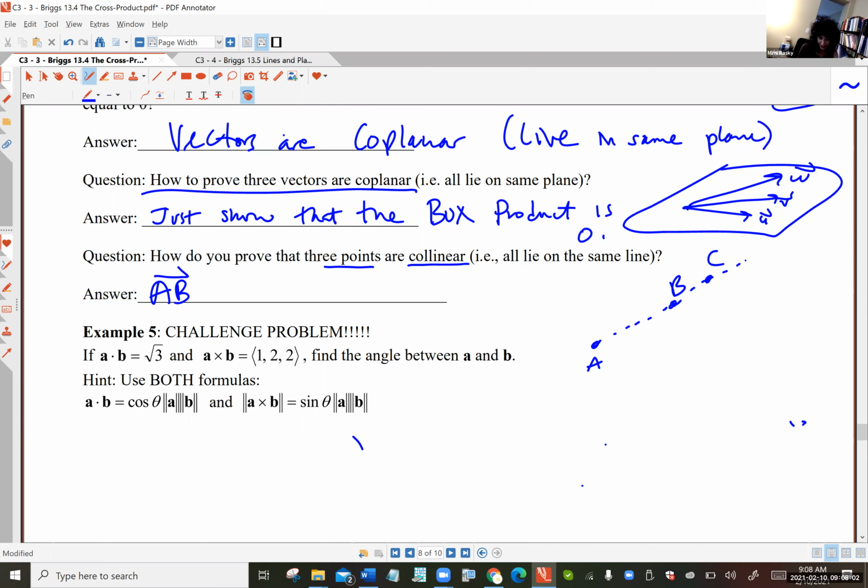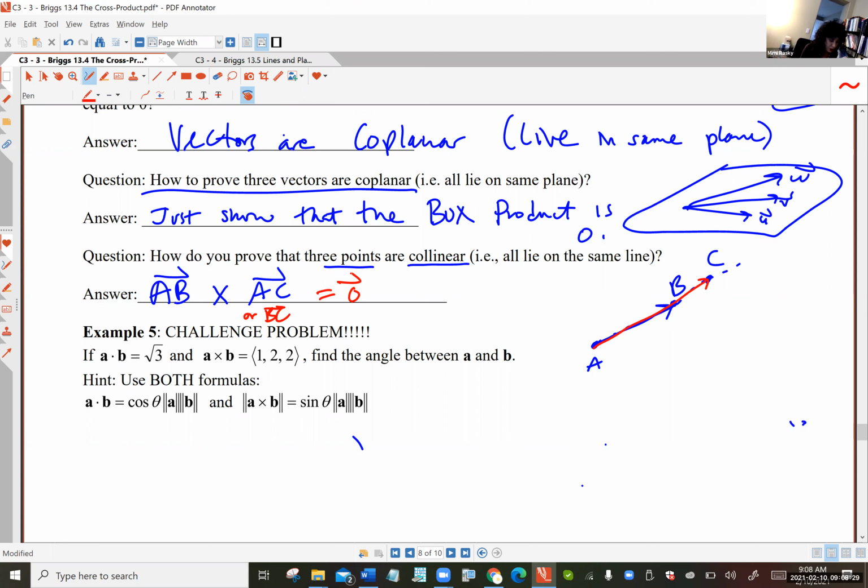Oh boy, I can't draw a straight line to save my life. The claim is that the vector AB, so you first have to form the vector AB given the coordinates of the points. If you take the cross product of that guy with the other vector AC, and you can even do BC, it would still work, but I'm going to just do AC. If it's equal to the 0 vector, that is good enough.